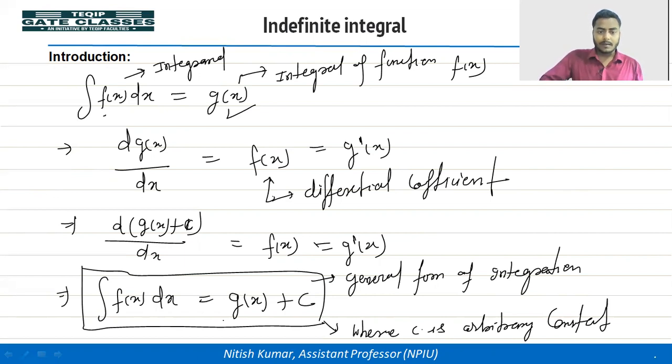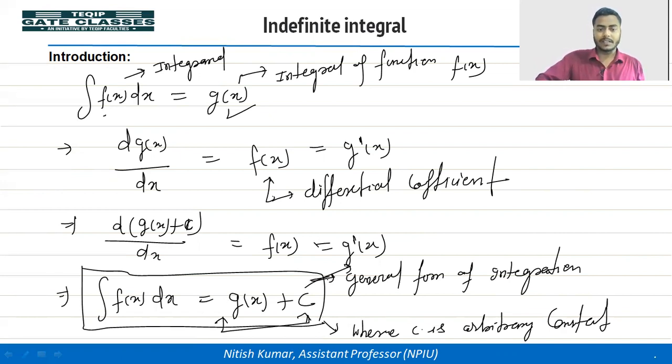Like this function we are getting here, that is the integral function. So for the same integrand, you will get an infinite number of integral functions when you change the value of c, right? So that's why it is called an indefinite integral.